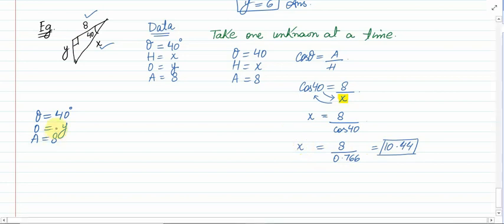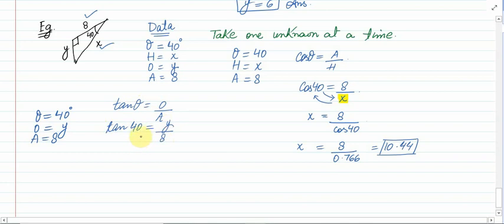So starting this question, O and A. O and A comes in tan. So tan theta is equal to opposite divided by adjacent, right? Now substituting values: angle is 40, opposite is y, and adjacent is 8. We need to find the value of tan 40.